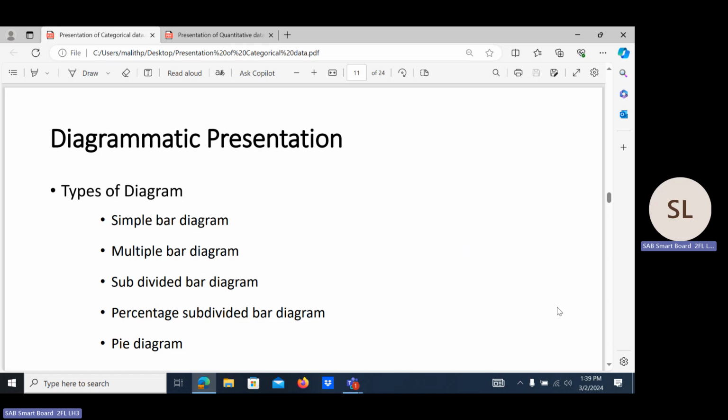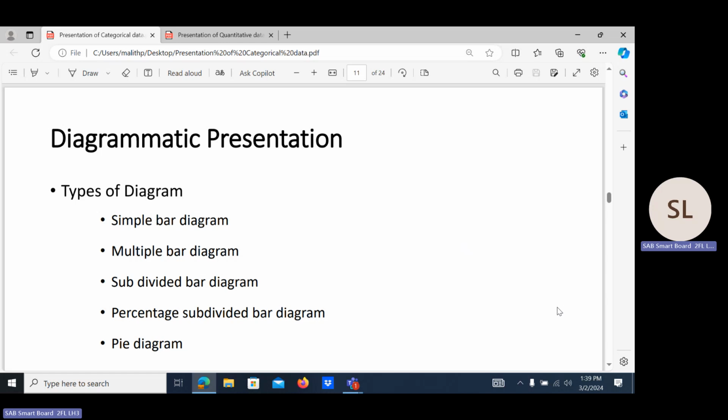we use the diagrams. You know there are two types of statistics. In the descriptive part, we collect the data, we organize, then we present the data using different formats. In your final year research, you need to do the analysis part.